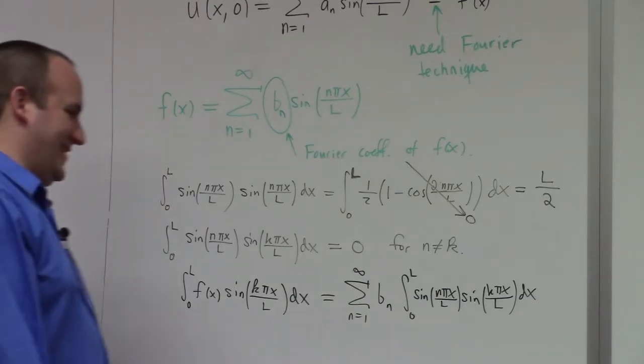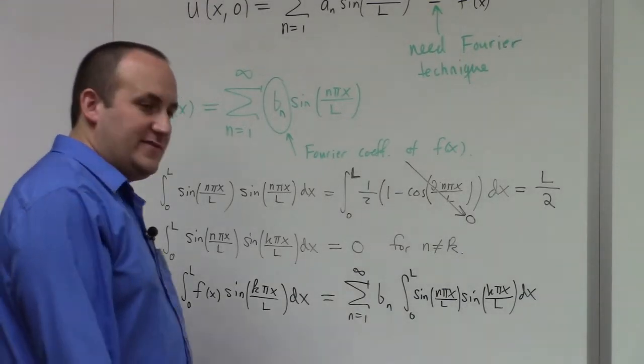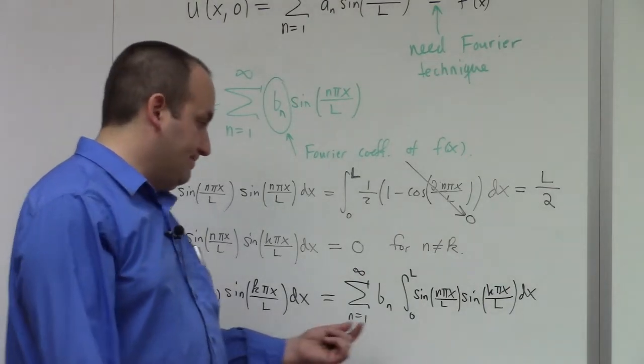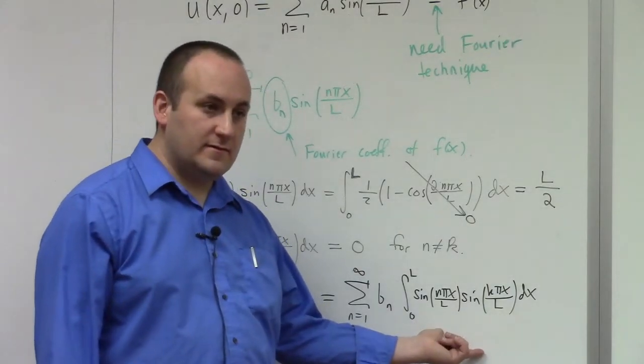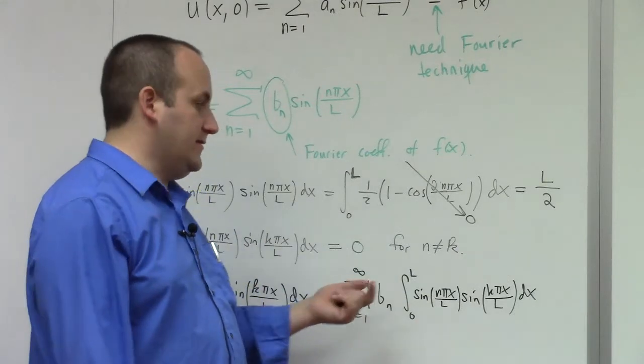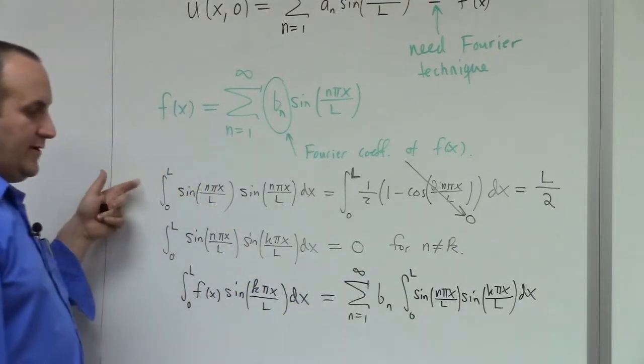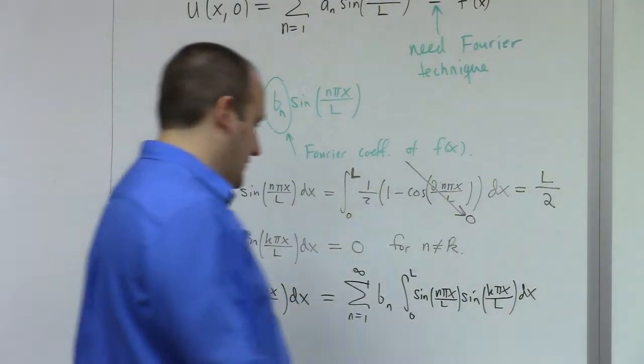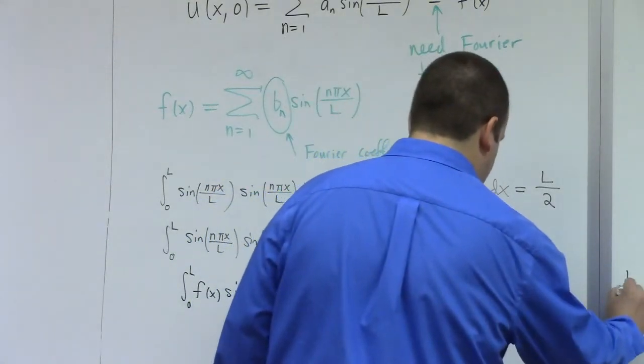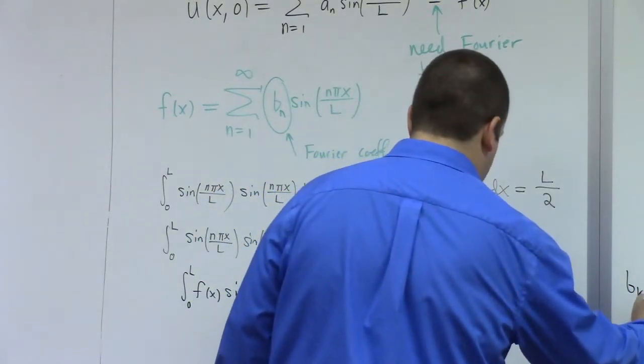There's analysis we're glossing over here. This is 0 in every single case except for one, where k is equal to n. So this just gives me b sub k times L over 2.